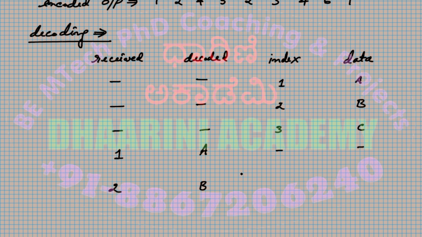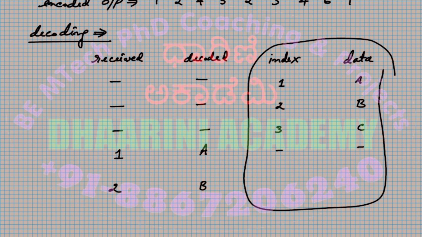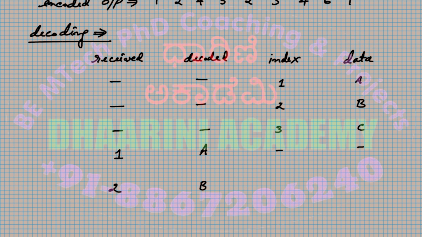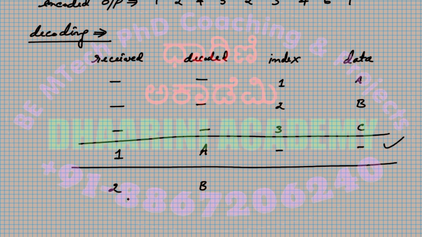Now you see, just leave the first step. Immediately after the second step, you go with the updating of your dictionary. So this dictionary keeps updating from now onwards, after the second step of the decoding. Decoding begins here. This is the first step of decoding, that is over. From the second step onwards, it gets updated.